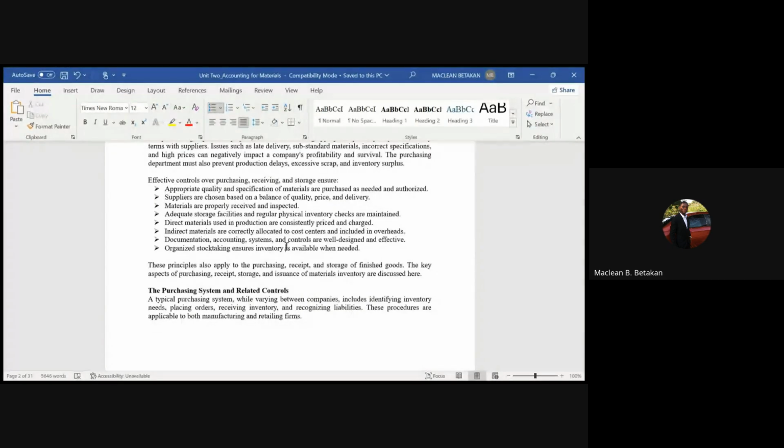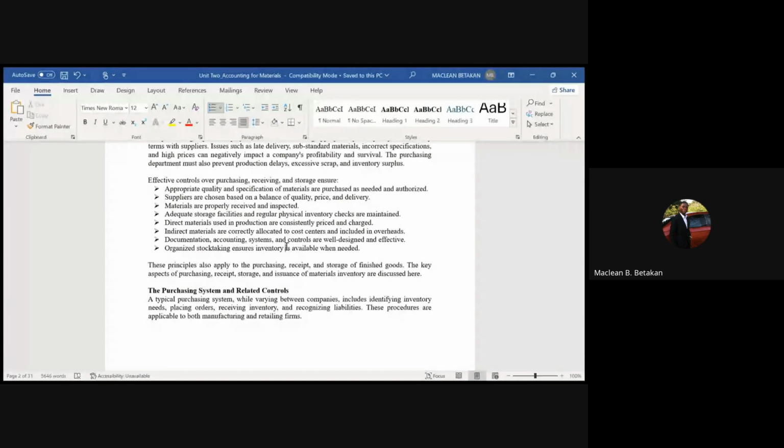Organized stock taking ensures inventory is available when needed. So that is why we have stock levels. You must always check your stock levels. So at what level do you have to order? We have reorder level, minimum stock level, and maximum stock level.